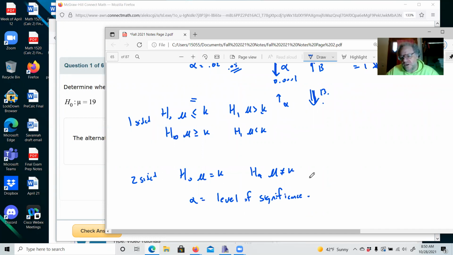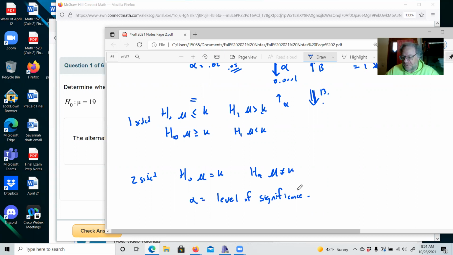Now this word has morphed a little bit from when they started using it to what we use it for now. Now significance has a connotation that it's important. When this terminology was invented, significant meant it's noticeable. Think about the Princess and the Pea story.